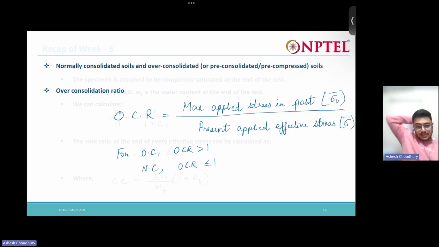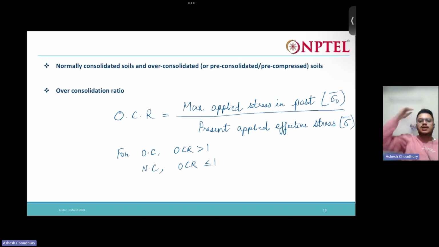Now, what is normally consolidated and over consolidated soil? So there are generally two types of soil: normally consolidated soil and over consolidated soil. Normally consolidated soils are those where, say, you have a soil mass.